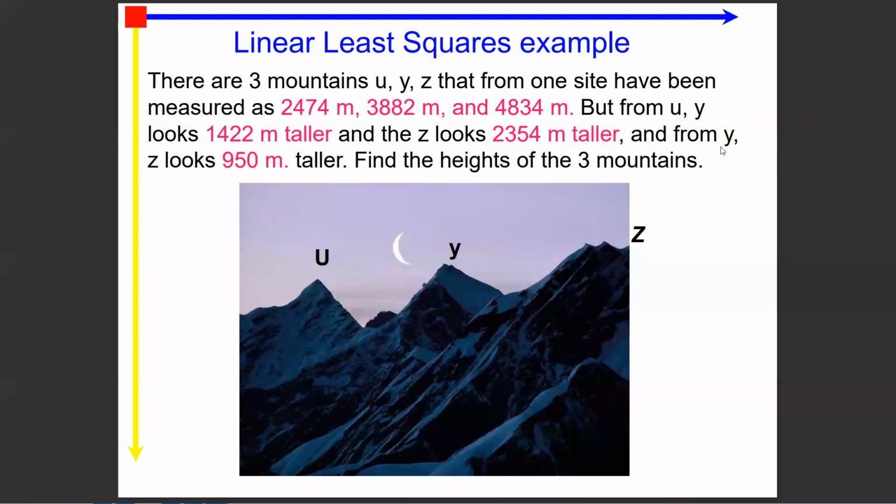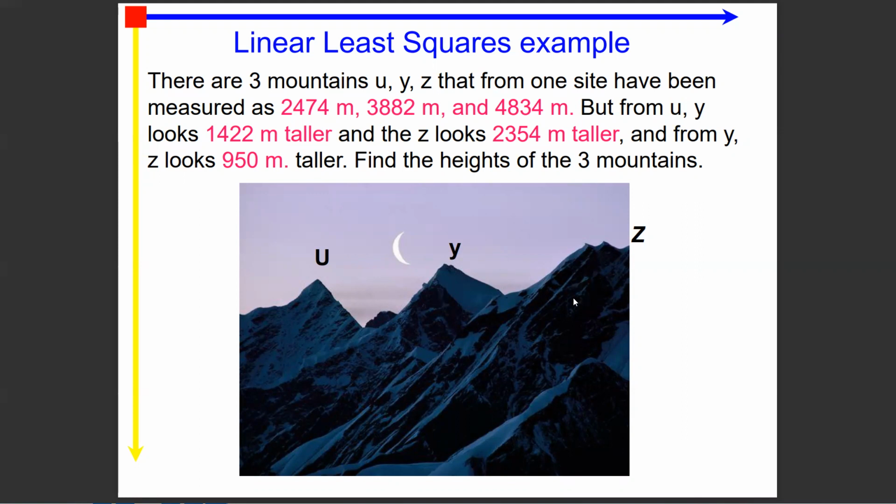And also from Y, if I go to the top of mountain Y, Z looks taller than Y by 950 meters. But if you look at this, this one plus this one is not going to equal this number. It's about 4 meters off or something, I think. So you're having a little bit of error in measurements, depending on which location you measure from.